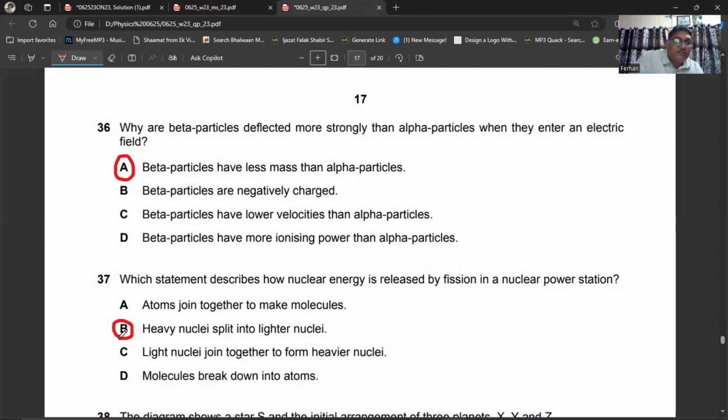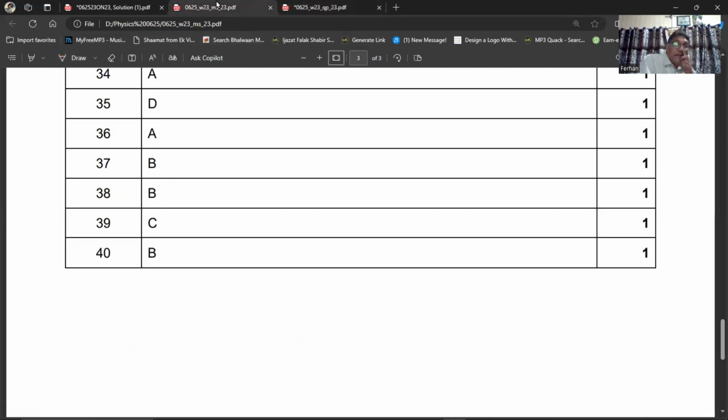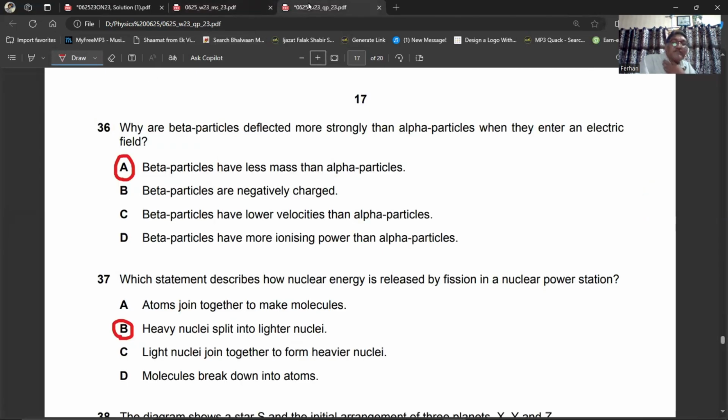Yes, this is fission. Light nuclei join together to form heavier nuclei is fusion. Molecules break into atoms? No, that is a chemical reaction. So heavy nuclei split into lighter nuclei is called fission. So B is the option. Question number 37, B is the right option, sir.